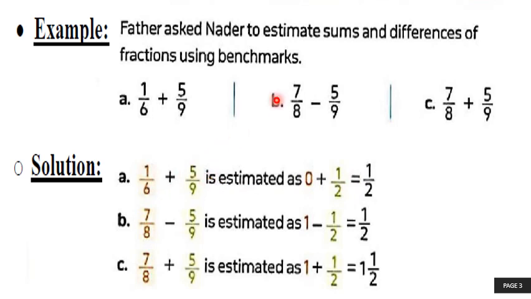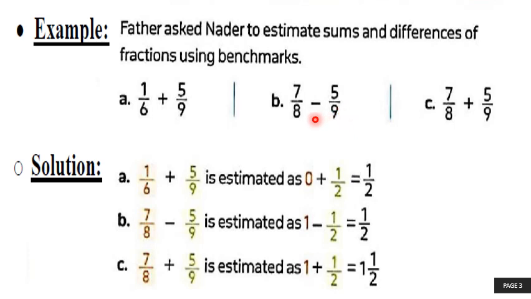The second, 7/8 minus 5/9. 7/8 is nearest or close to 1. So I'm going to write 1 minus 5/9. This is nearest to half.